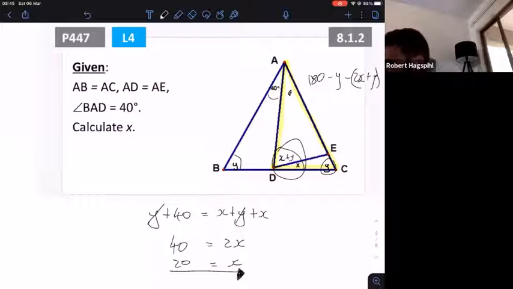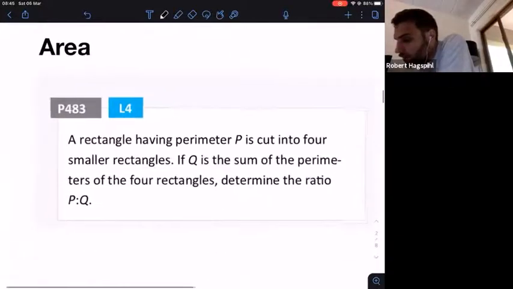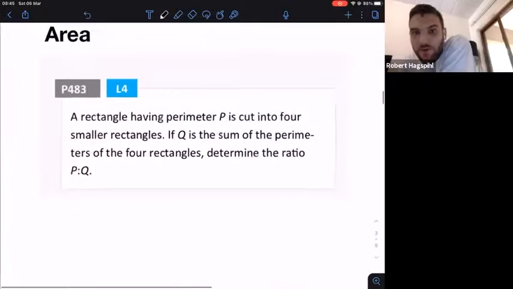And you could have solved for this angle, and then you can set up an equation with all of these, and then you can go from there. All right. So however you do it, you are going to get there. You just need to somehow play around until an equation pops out. Okay. We're going to move on.